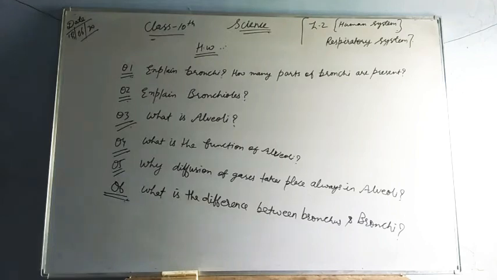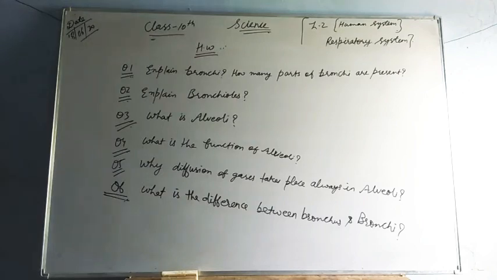The next thing is there. Question number 3. That is, what is alveoli? Means I have already explained to you. I have already told you the small round sac-like structures are called alveoli. The definition you have to tell in this. What is the function of the alveoli? The alveoli are the place where diffusion of gases takes place.